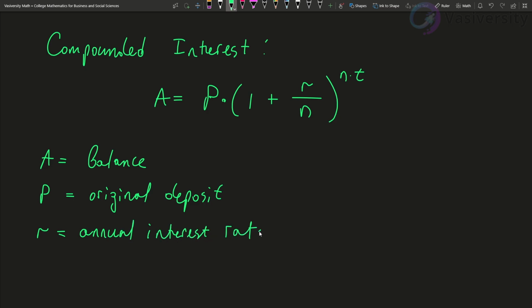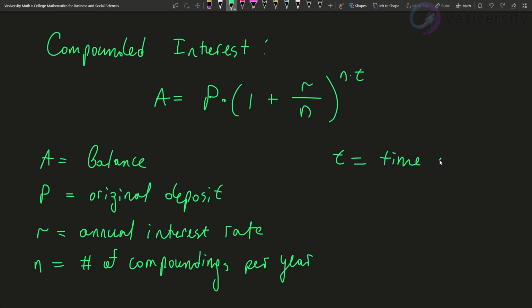Okay, and then n is the number of compoundings per year. And then we also have time, right? So t is going to be time in years in this case.